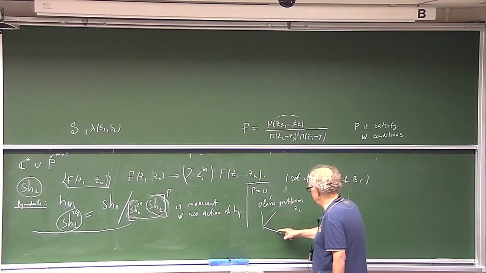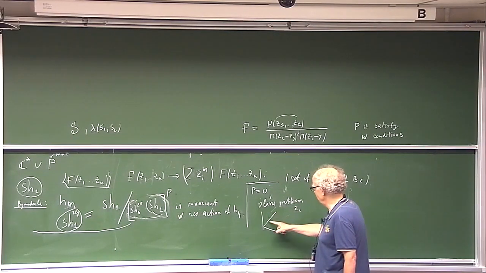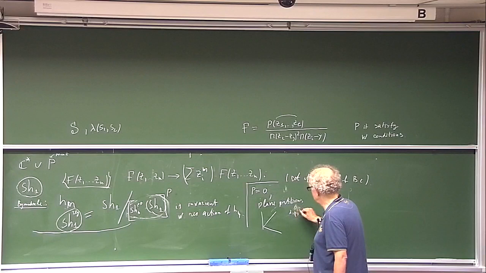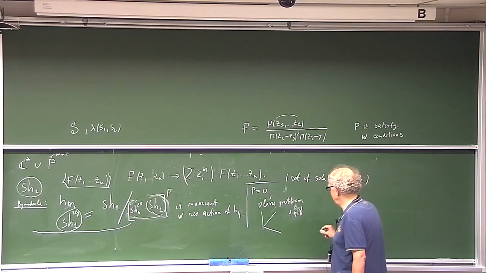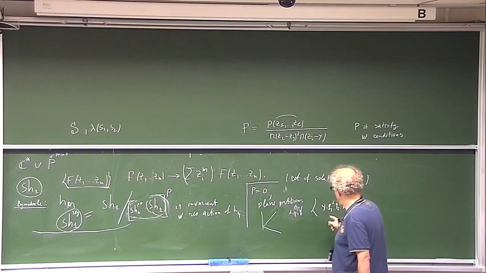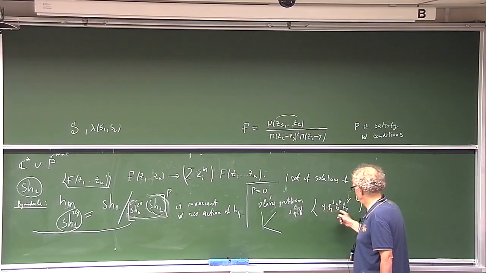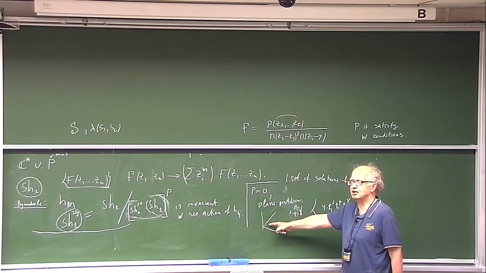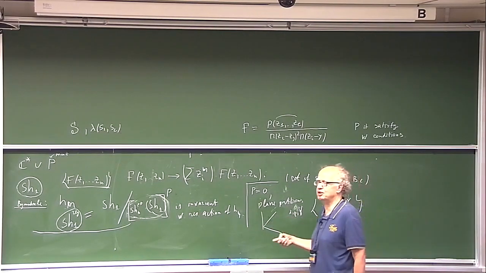I have a plane partition, zi corresponding to a box, which has coordinates alpha, beta, gamma, and then I can put y times q1 alpha, q2 beta, q3 gamma, and take all of them. So I have as many numbers as I have boxes in my diagram, and this is what's happening if t equals 0.